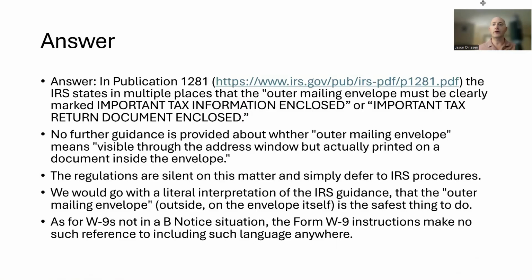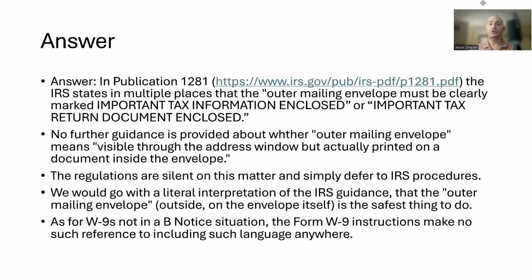And Publication 1281 specifies it has to be on the outer mailing envelope. And the question is, does that literally mean the outer mailing envelope? What if you put it on a document inside the envelope that shows through the window on the envelope, which this person says would be more cost effective for them than getting an envelope with that printed on it?